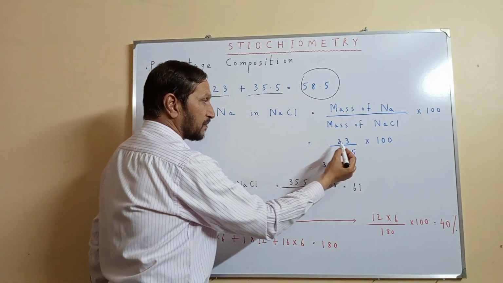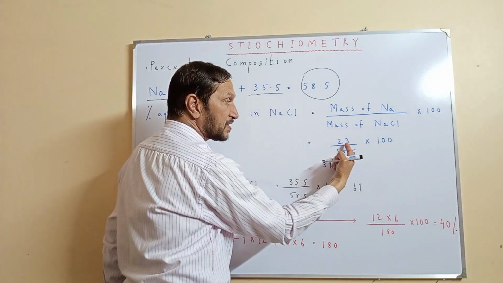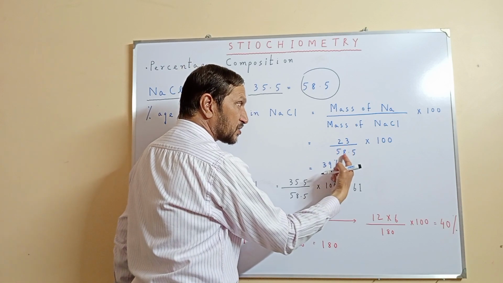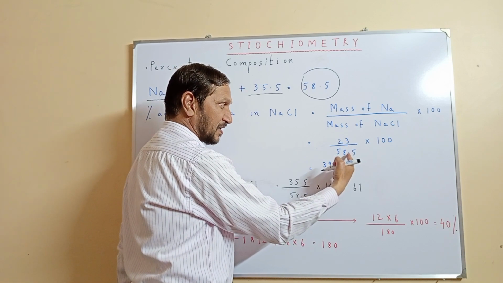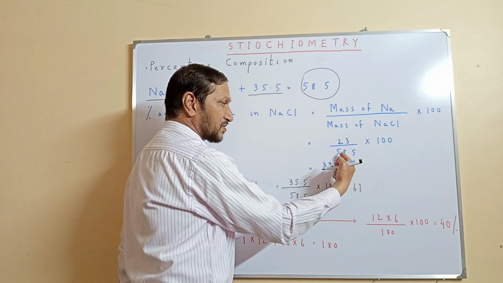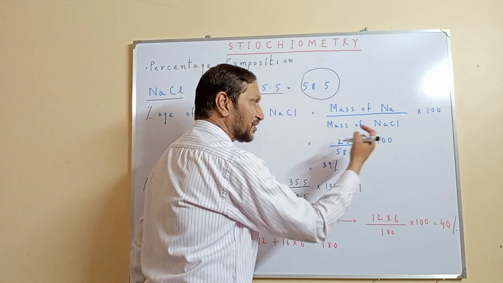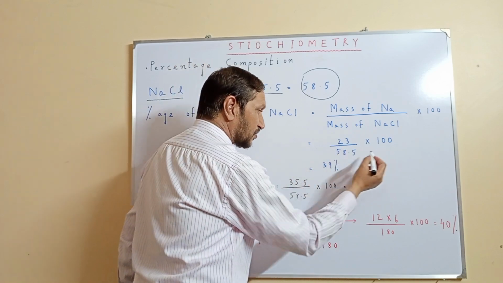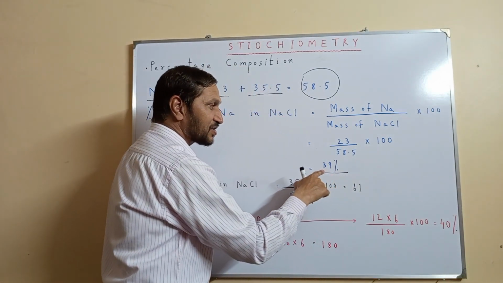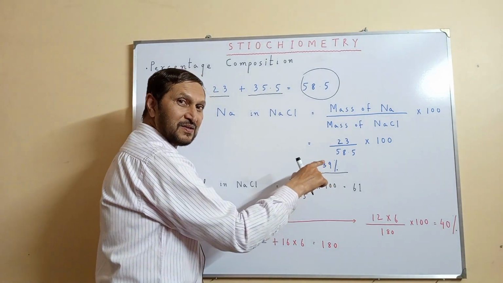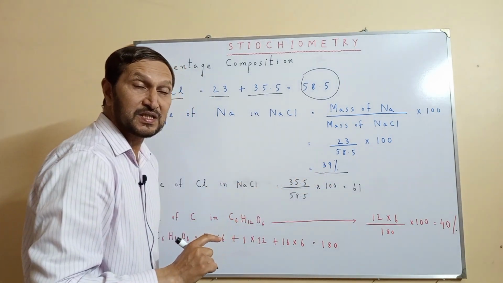So here the mass of sodium in this formula is 23 divided by the total mass of sodium chloride, that is 58.5. Total molecular mass or formula mass is 58.5, multiplied by 100. When we calculated, we found that the percentage of sodium in sodium chloride is 39%.